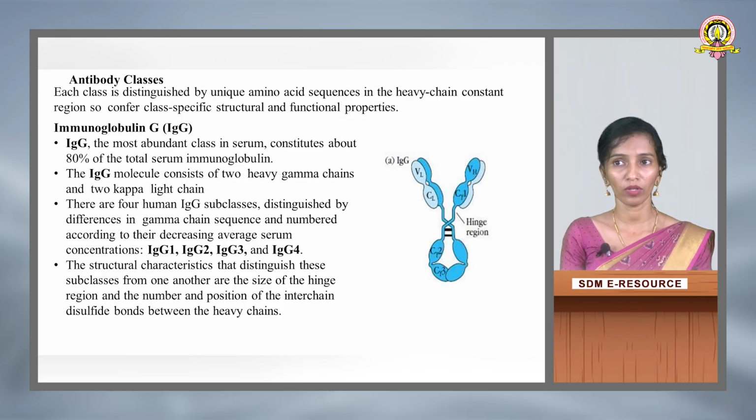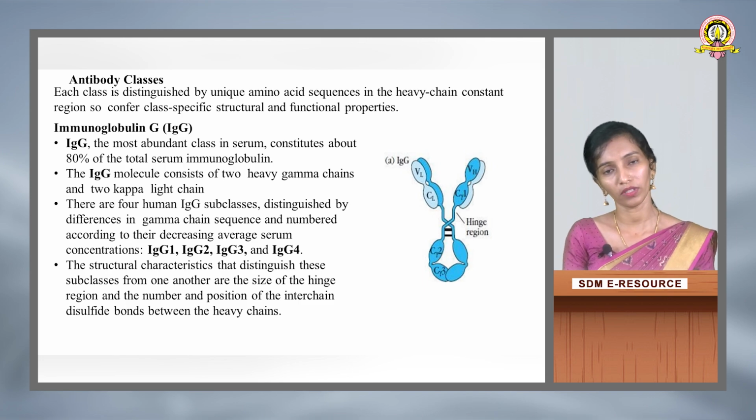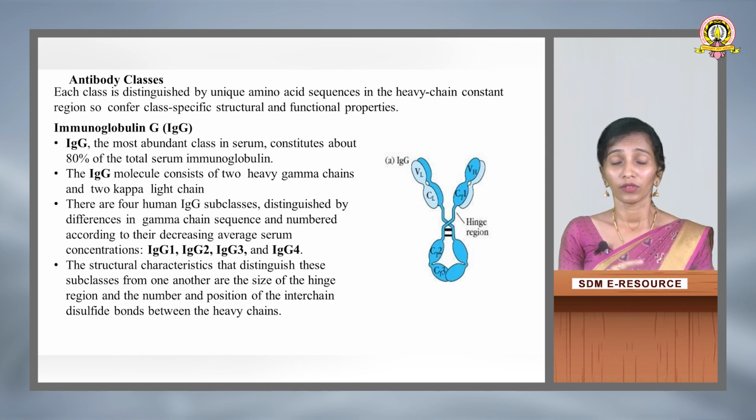The IgG molecule consists of 2 heavy gamma chains and 2 kappa light chains. There are 4 human IgG subclasses, differentiated by differences in the gamma chain sequences and numbered according to their decreasing average serum concentrations: IgG1, IgG2, IgG3 and IgG4.